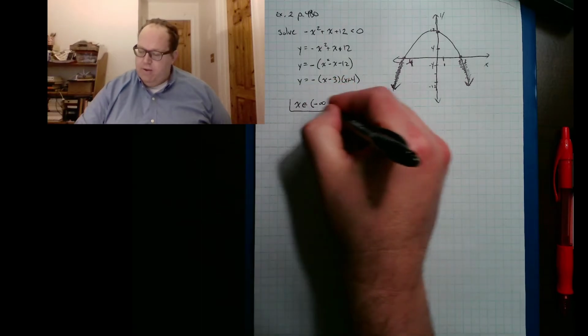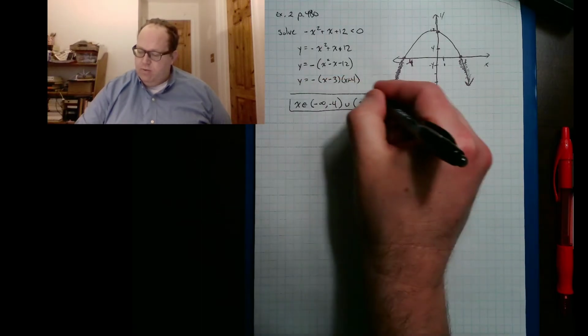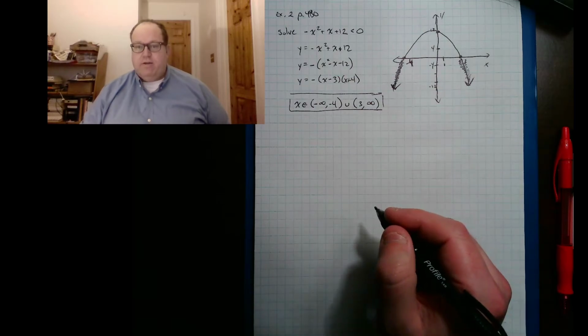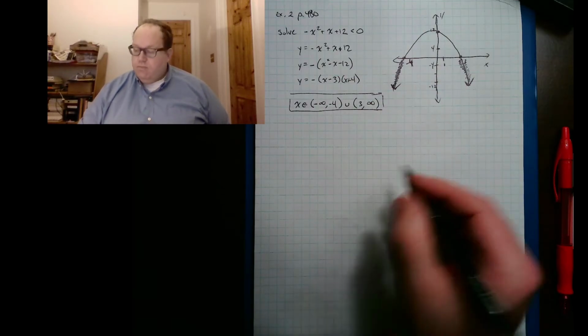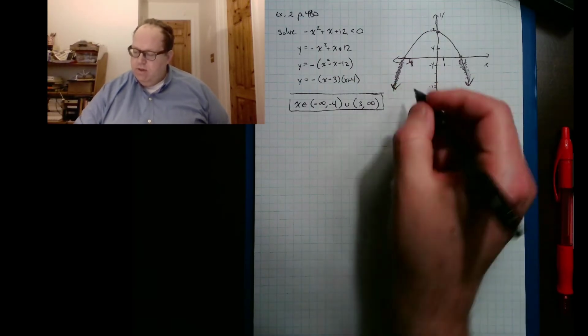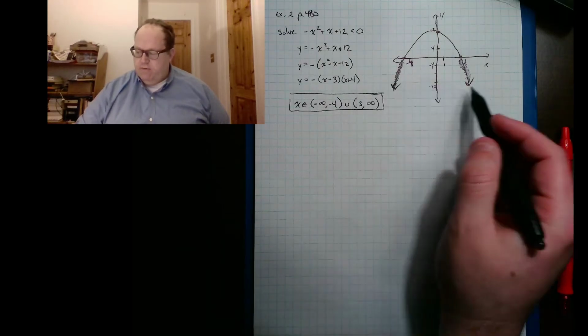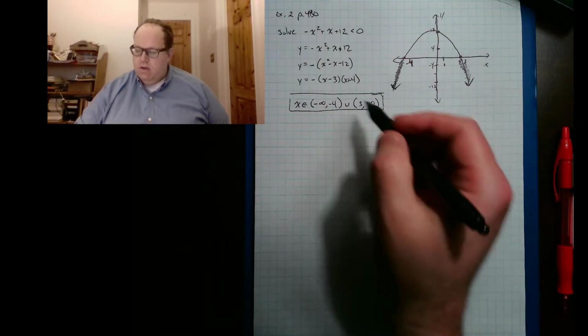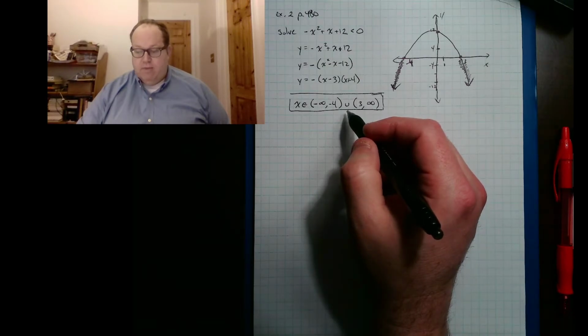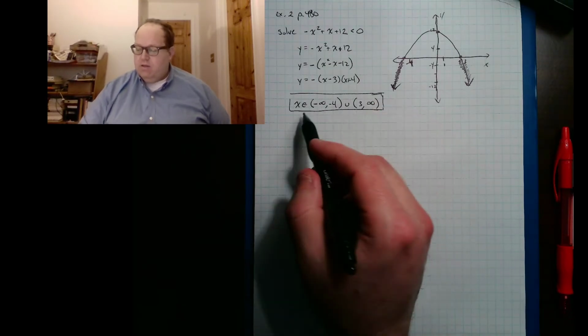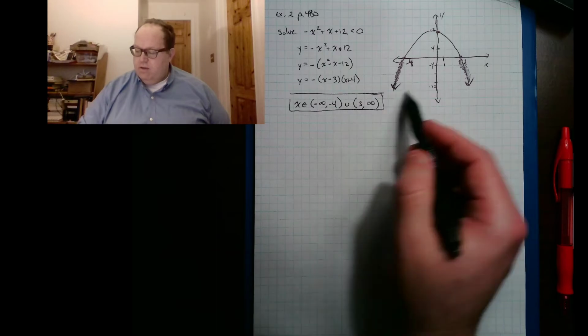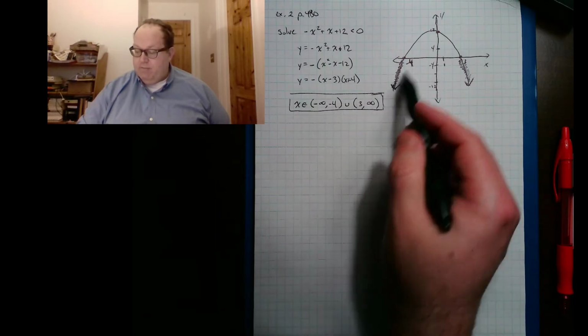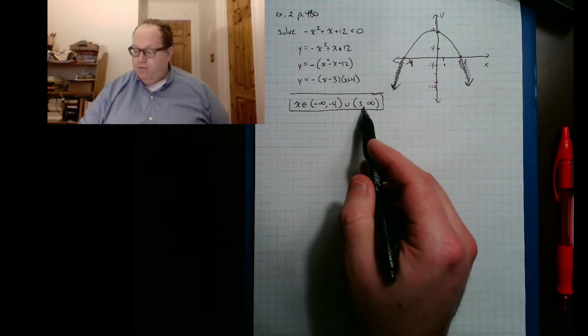And this is how I will tend to write these solutions out, although I will show you how your book would write them out in a second here as well. So the infinities let you go on forever off in either direction. The little U-shaped thing here in the middle means a union of sets. So your solution is the union of the set of numbers from negative infinity up to negative 4 and from 3 to infinity.